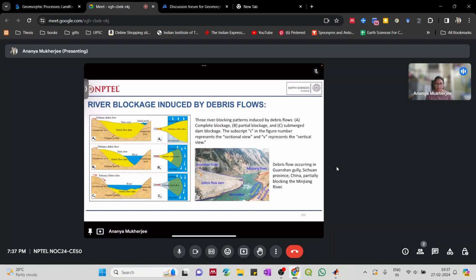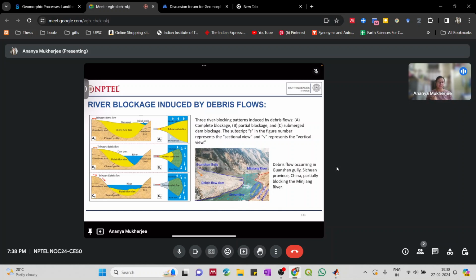So sometimes another natural hazard can actually be caused due to the obstruction in the sediment flow. Okay, so you can see that the debris flow is a type of natural dam that can form, and it can obstruct the flow of the river.